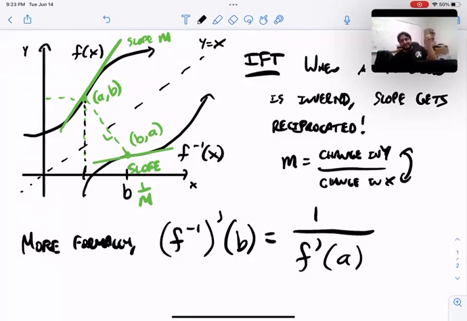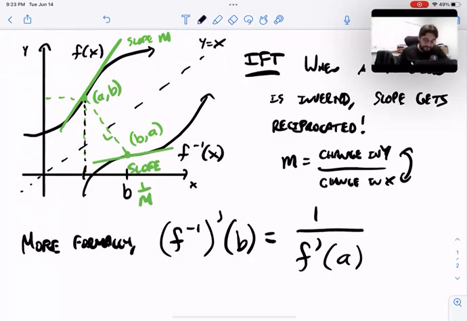It's at 2 different inputs, right? If you're doing f inverse, you're calculating the slope at b, then for the original f, you're calculating the slope at a to get this reciprocal relationship, right? So this is something that we have to be a little bit careful about when applying the inverse function theorem. So this would be a valid way to state the inverse function theorem.